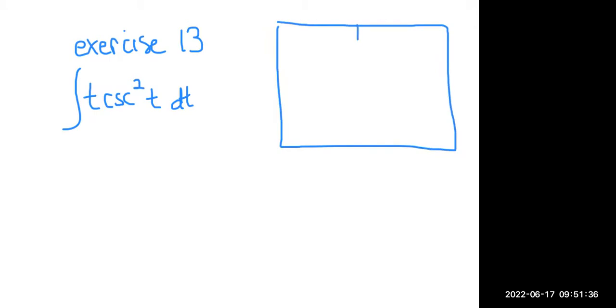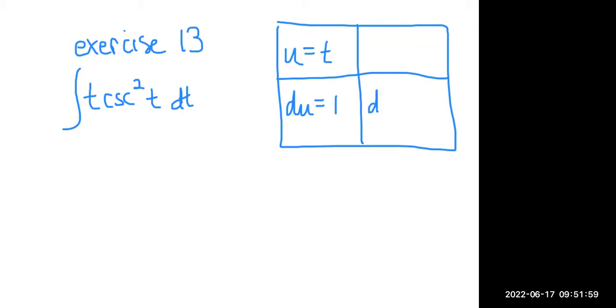I think U is going to be T. That was just my first thought. Then I double checked my derivative list. The derivative of cotan is negative cosecant squared. So that's great. It's already a packaged derivative.